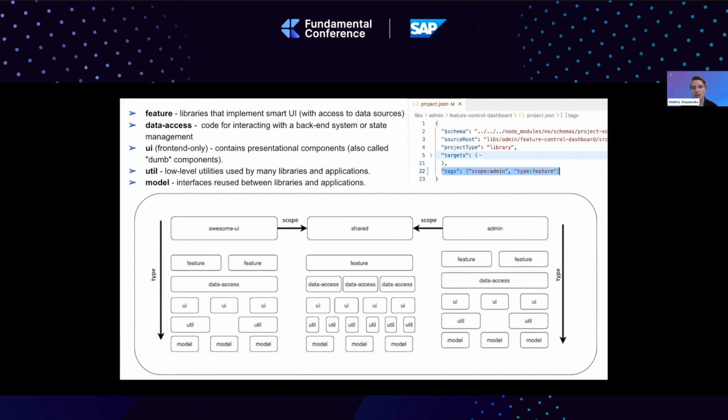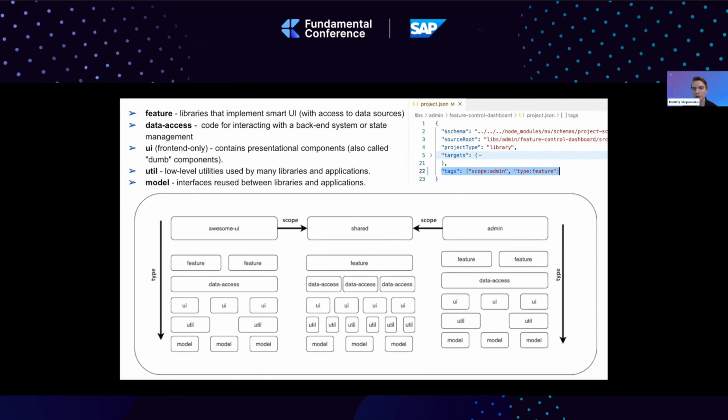With these constraints we have set, they will basically do the job, but the problem is that dividing the entire workspace with a few tags that represent these domains might not be enough, because each library should be quite specific in terms of what it does.